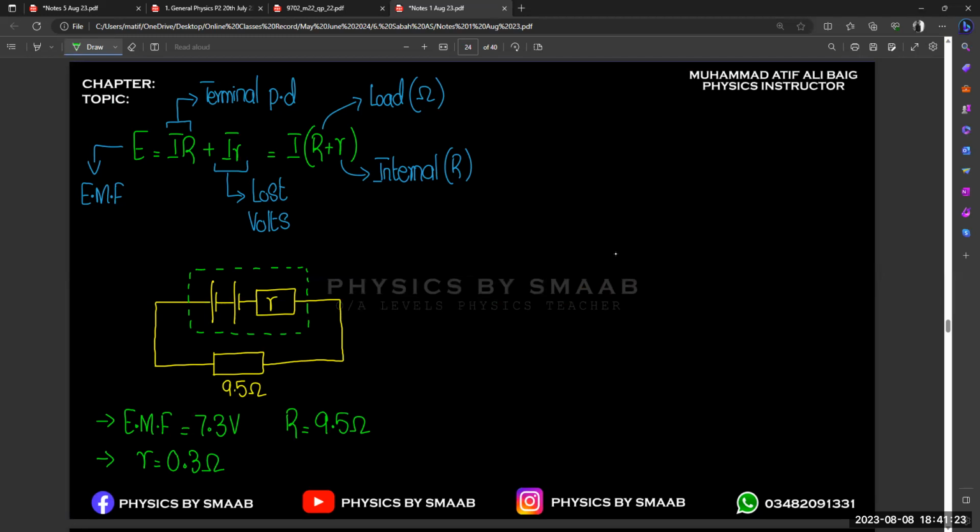Now there are two unknown things that you need to find. First is the current in the circuit, and the second is the lost volts from the battery.